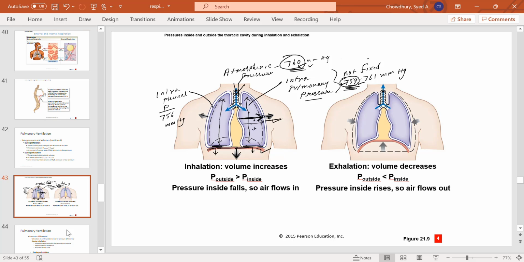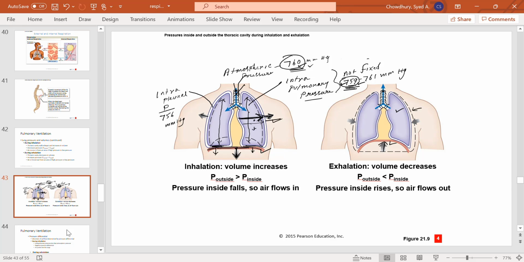And now after inspiration, then the diaphragm will relax. So when diaphragm relaxes, it will go back to its actual position. It will move up, and the intercostal muscles will relax, so the ribs will move backwards, and the lung itself is highly elastic, so the lung will recoil itself because you expanded it by pressure, right?